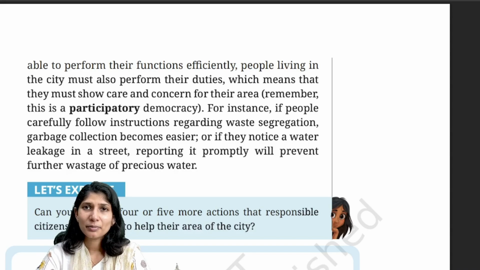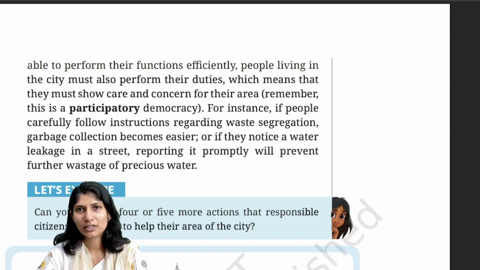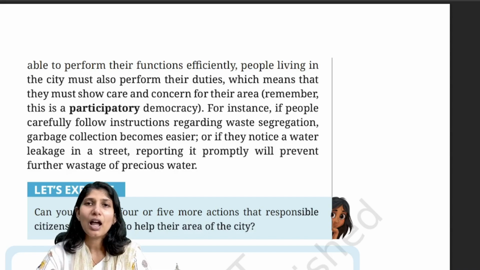Then it will not be a huge menace for them to further segregate, which would lead to a huge number of issues. So if you do your duty properly, it makes the administration's duty easier. Both combined lead to good governance. People doing their duty properly is nothing but you participating in your democratic process, otherwise called participatory democracy. Now this was with regard to your waste management.